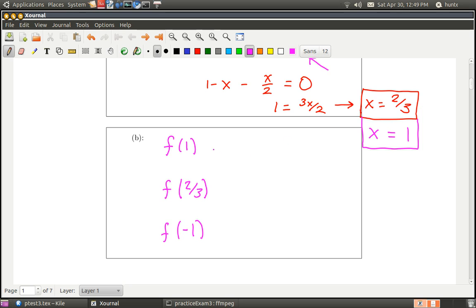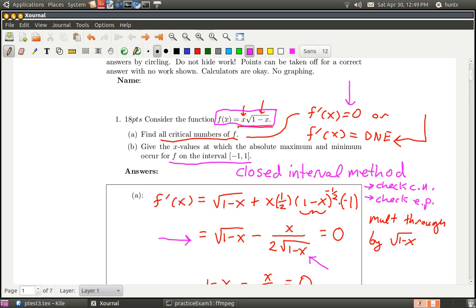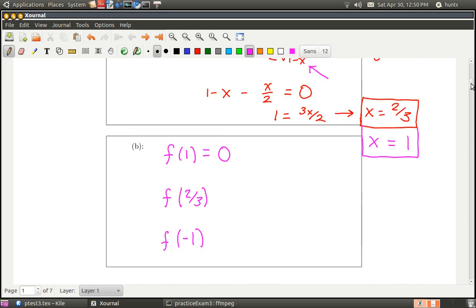Okay, so let's just start with f of 1 here. And I remember that it's 0, but let's go up here and make sure. Why do I say that f of 1 is 0? Because when you put in 1, you get 1 times the square root of 0, which is 0. Okay. Alright, so easy enough. Maybe I should copy the function down here.